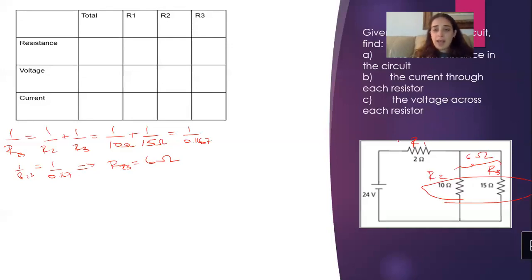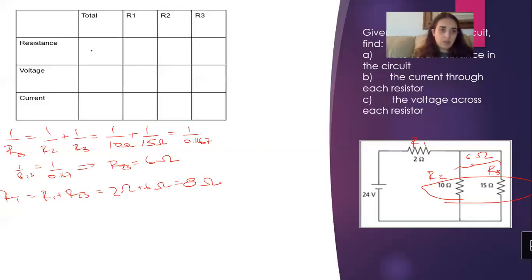And now I can add R1 and this combination of 2-3 together to find the total resistance. So the total resistance in my circuit would be R1 plus this resistor combination of 2-3. So this would be 2 ohms plus 6 ohms, which would be a total of 8 ohms. So that is my total resistance.